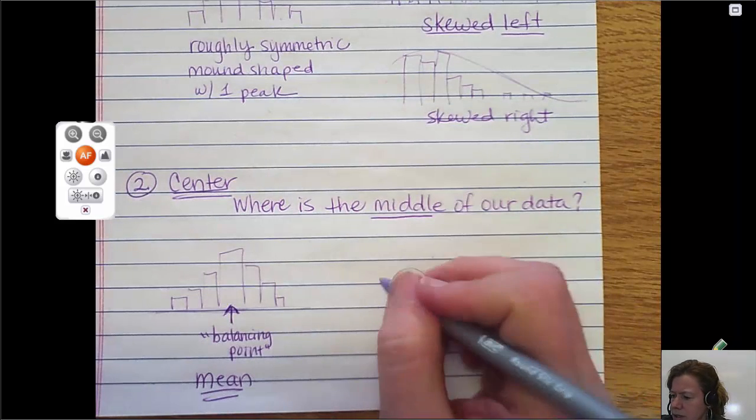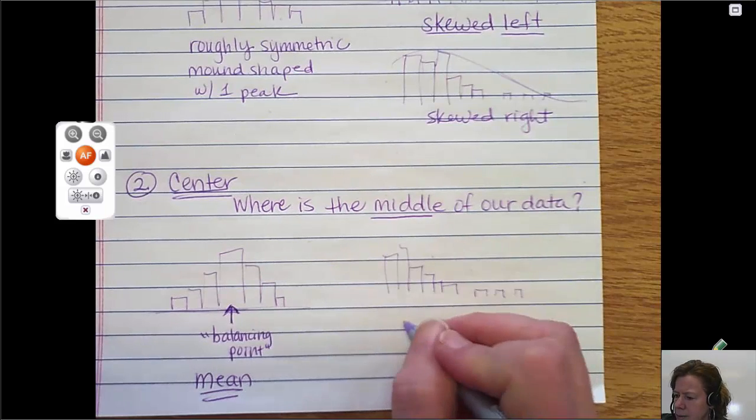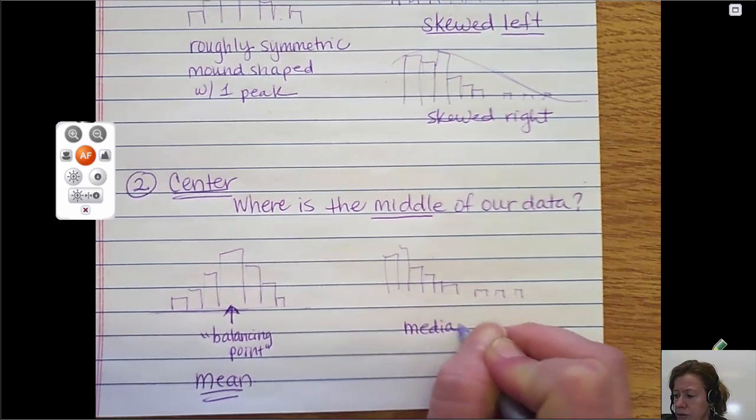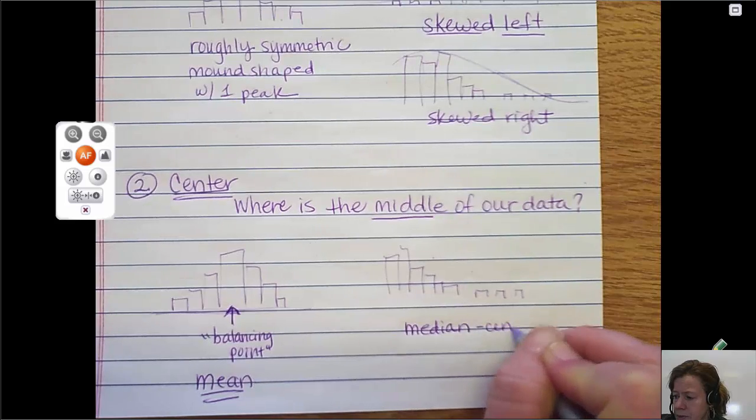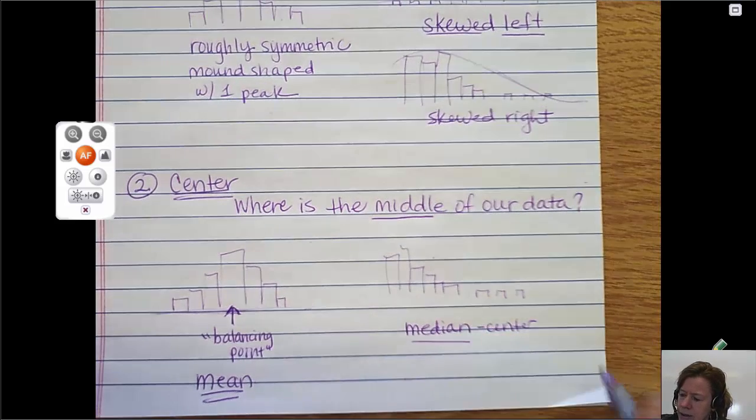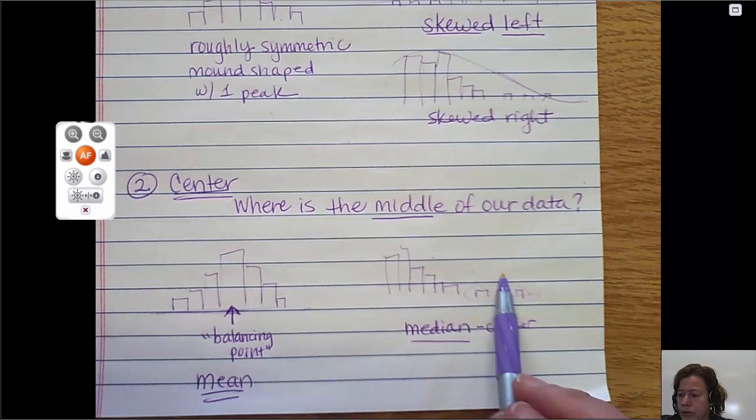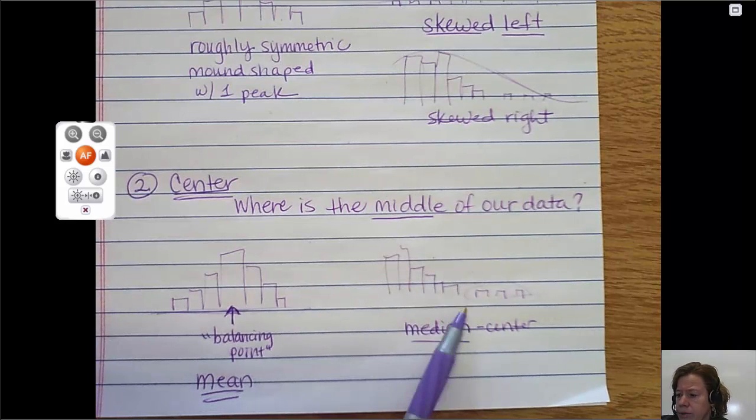If we have skewed data, the median is actually a better measure of center. Because what happens in skewed data is these numbers way out here will pull the overall mean higher. Think about if in class today I asked everybody how old they were. You would all be clumped around here, I'm out here.